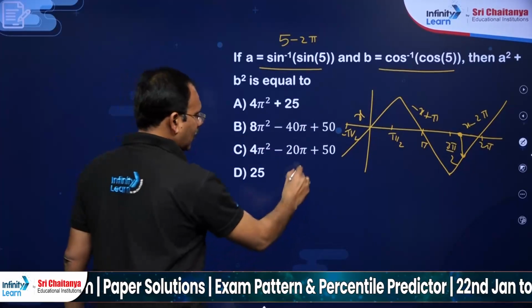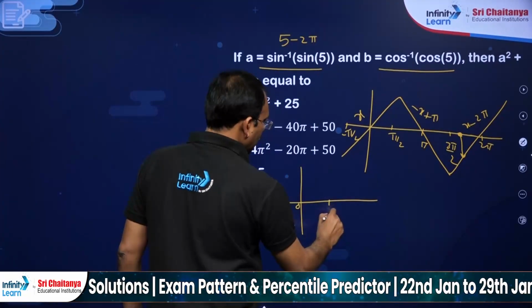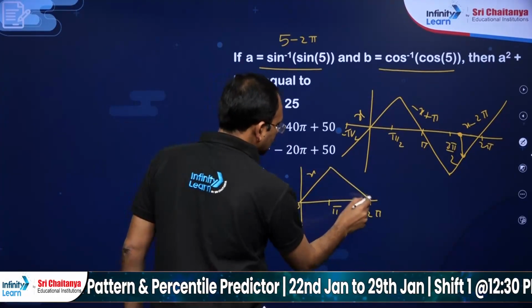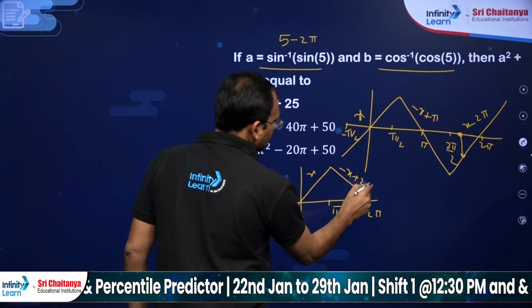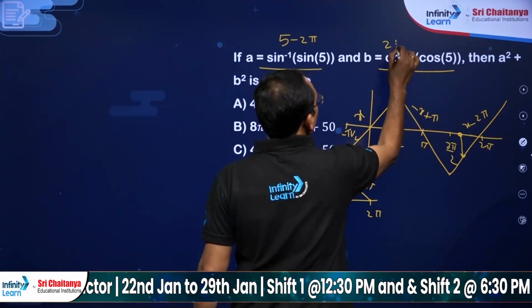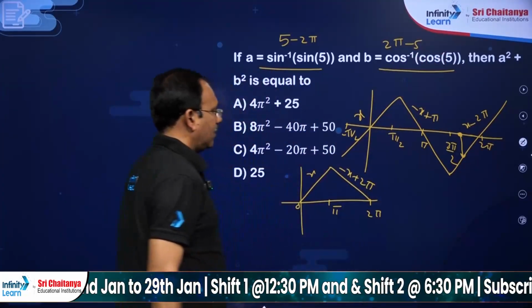Whereas, cos inverse of cos x graph, you know, 0 pi 2 pi, 0 to pi x itself, this is minus x plus 2 pi it is. So, 2 pi minus 5, this is going to be 2 pi minus 5, my dear friends.